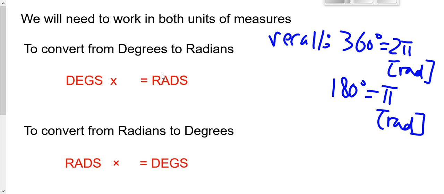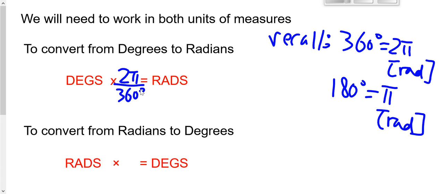So let's finish this one here. There are two ways you can do the conversion. Actually, one way, except you can use either this relationship or this relationship. So there are two ways for the conversion. One is going from degrees to radians, and the other is the other way around, from radians to degrees. If you have degrees, you can simply times it by 2 pi over 360 degrees, because we know there are 2 pi in every 360 degrees.